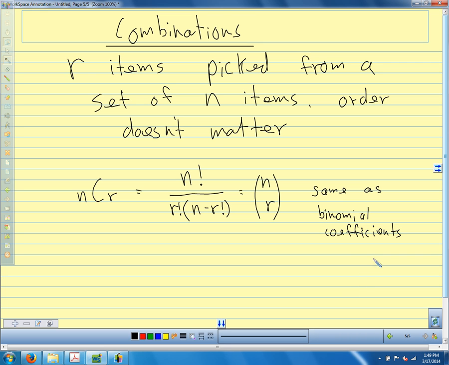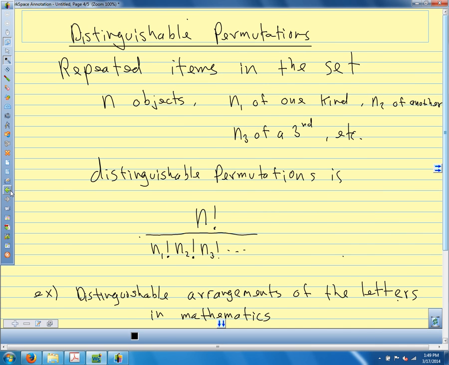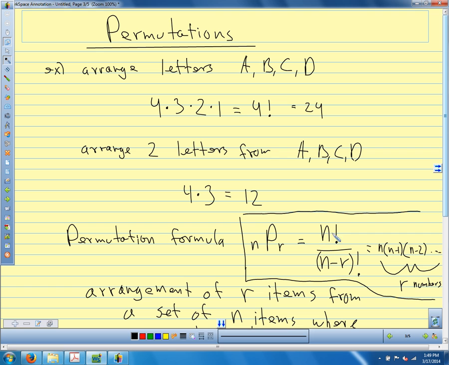So what we're doing here with our formula for combinations, if we go back to our formula for permutations, the only difference between those two is the r factorial in the bottom.